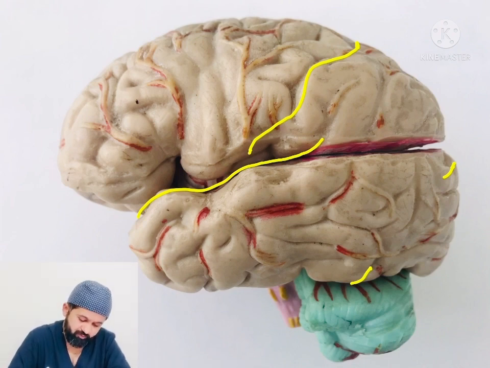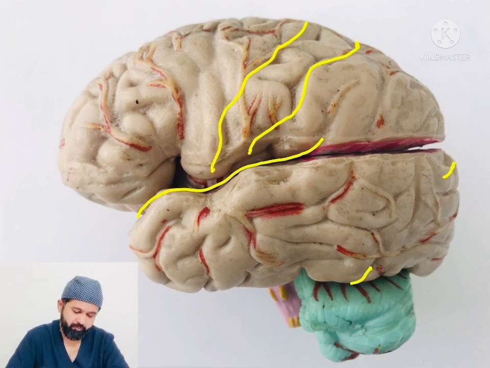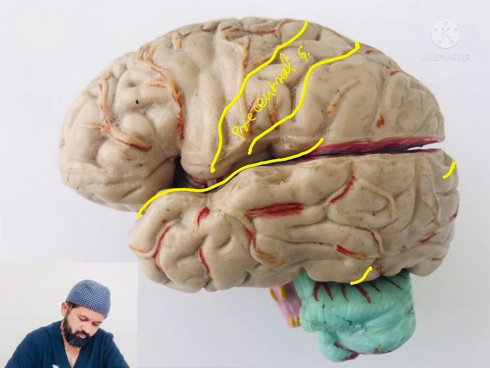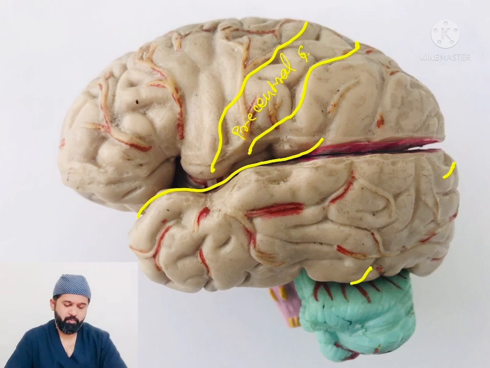In front of the central sulcus, we have another sulcus, which is aptly named the precentral sulcus. The gyrus between the precentral sulcus and the central sulcus is known as the precentral gyrus. Precentral gyrus is the chief gyrus, which is also known as the primary motor cortex.